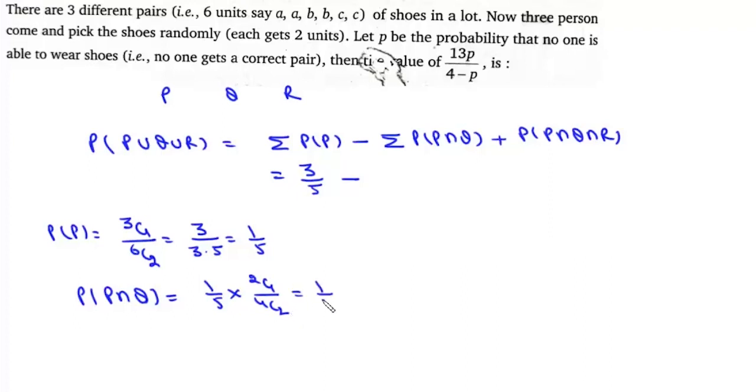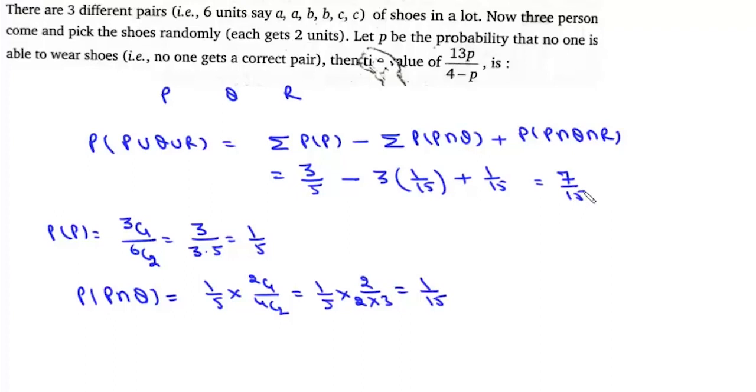So it will be 1 by 5 and then 2 and 3. So it will be 1 by 15. So it should be 3 into 1 by 15, and this third one is automatically the same as 1 by 15. So basically this probability is 7 by 15.